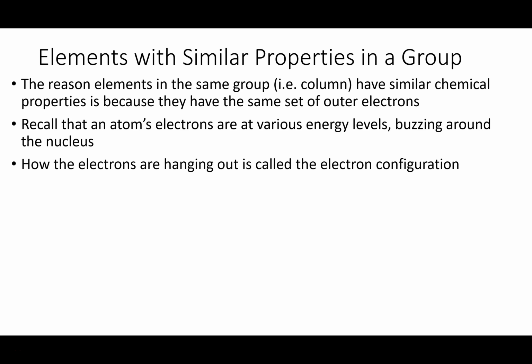Now, in n equals 1, we end up with 8 electrons. So if I have 8 there, how many do I have in n equals 2? They add up to 14, so I end up with 6 out here.